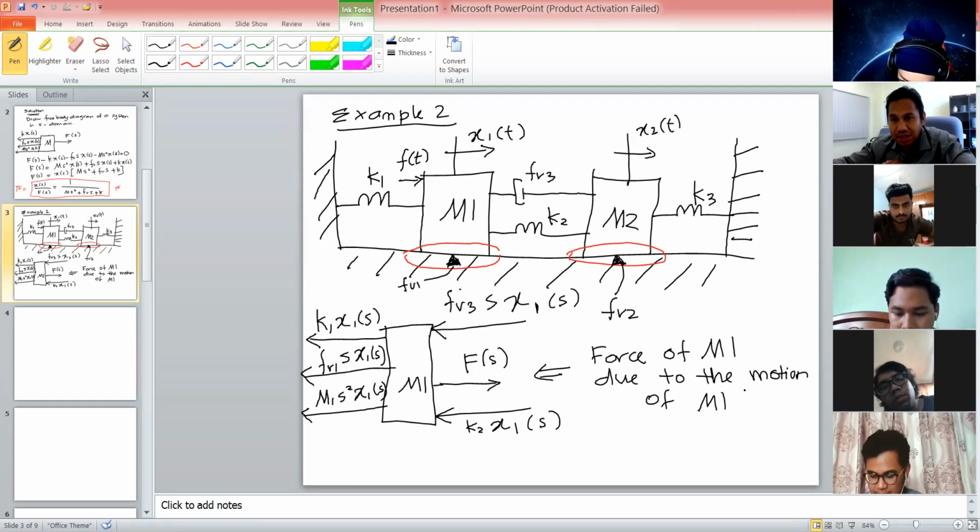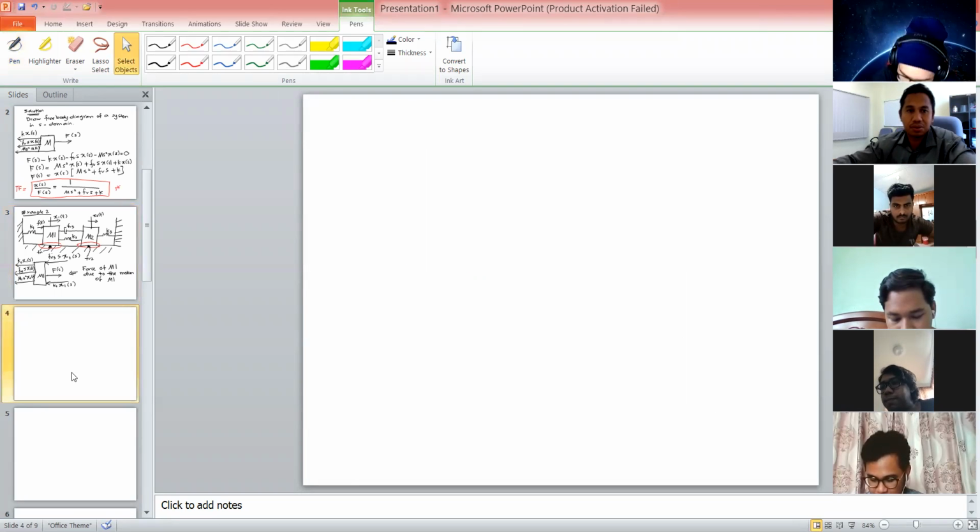But now we need to find the force of M1 due to the motion of M2. We need to draw another one.